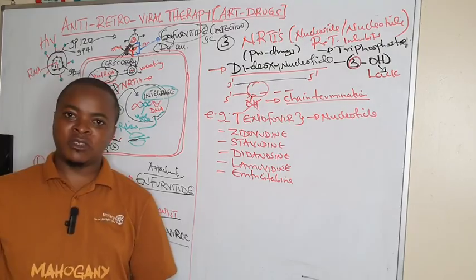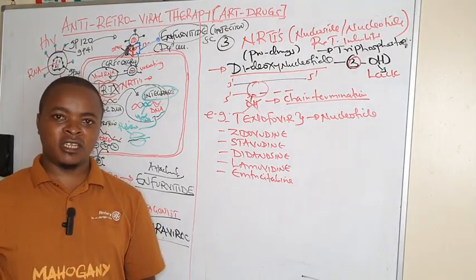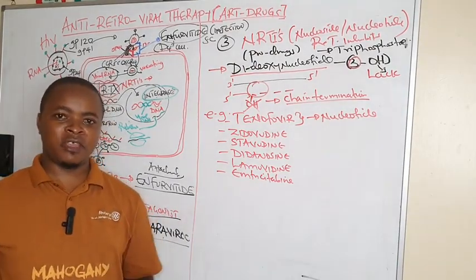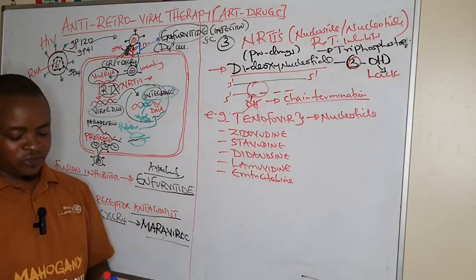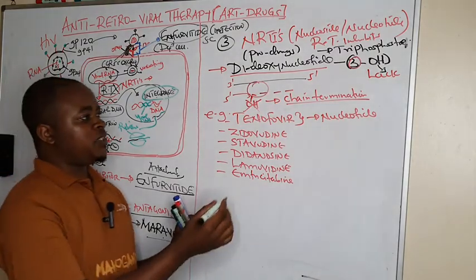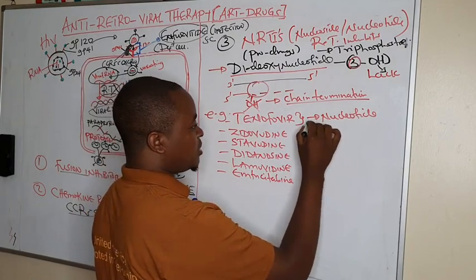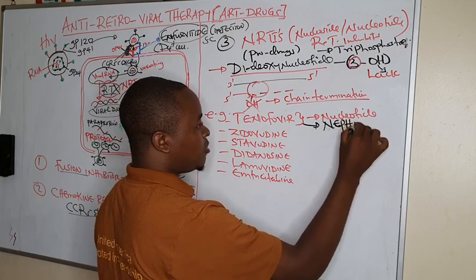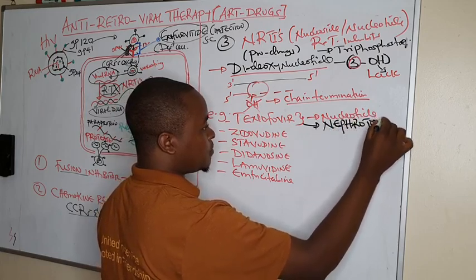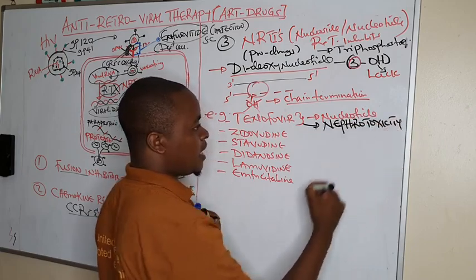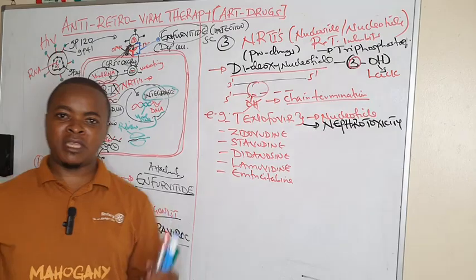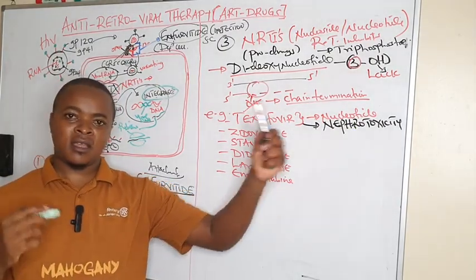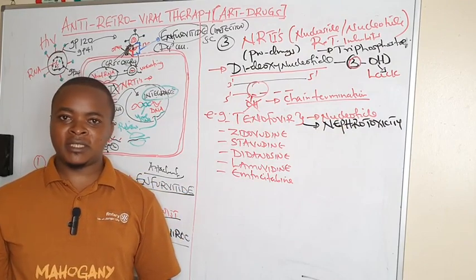And tenofovir is utilized in combination in the first line for prevention of viremia and attachment to new cells. Its major adverse effects are nephrotoxicity and hyperpigmentation of the skin.